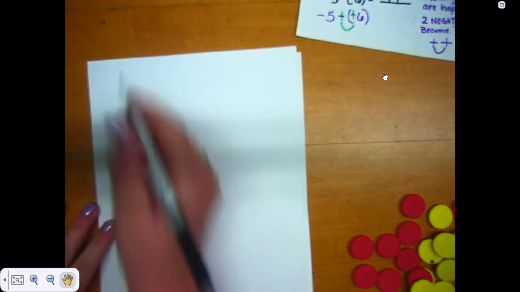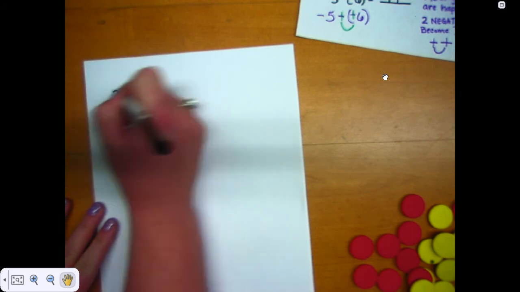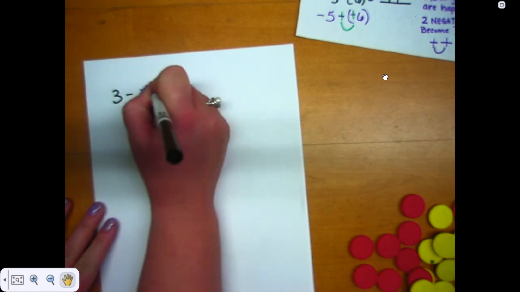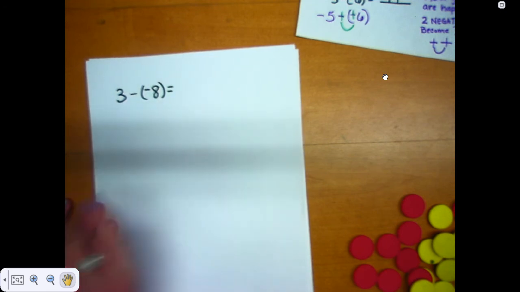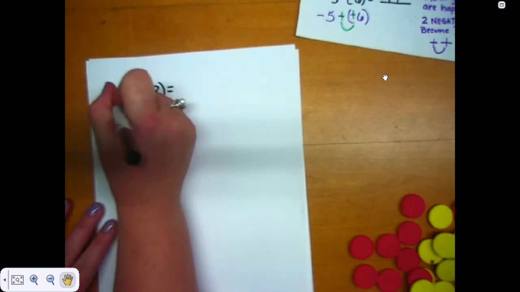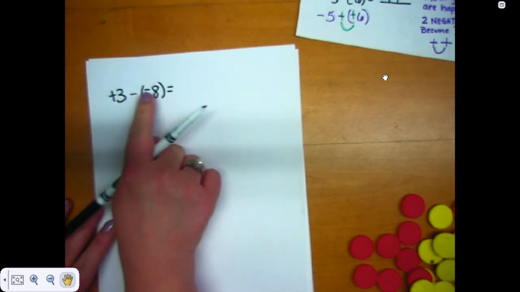So let's say I have 3 minus negative 8. What do I have here? Yes, this is positive 3. Take away negative 8.